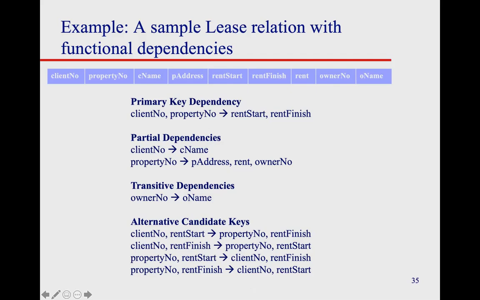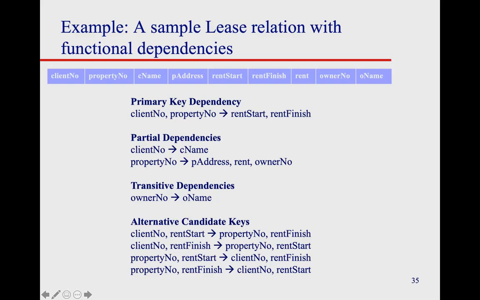So we're going to choose as our primary key the client number and the property number. It turns out that those two attributes determine everything else. If you don't believe me, let's go through it. The client number is going to determine the client name. The property number is going to determine the property address, the rent, and the owner number.